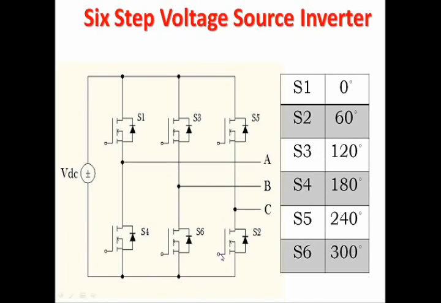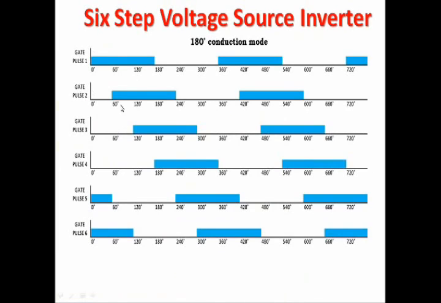So please verify the firing angles in this gate pulse diagram. Gate pulse 1 is the gate pulse devoted to MOSFET 1. It has a firing angle of 0 degree, which means the MOSFET is fed with the gate pulse from 0 degree itself, so from 0 degree itself the MOSFET will start to conduct.